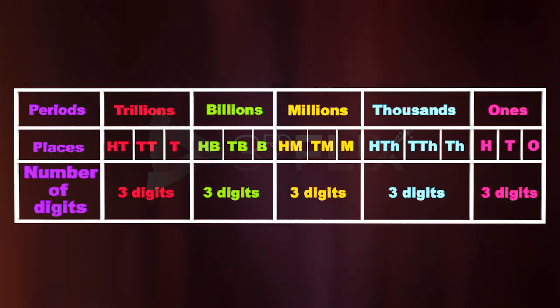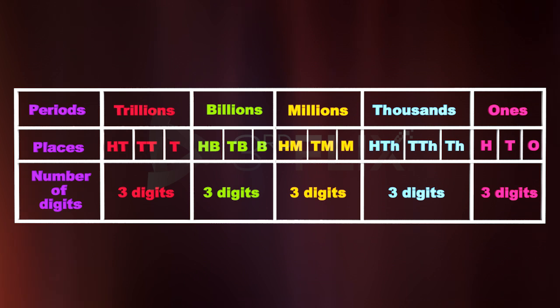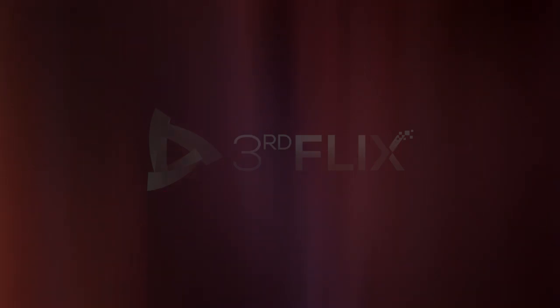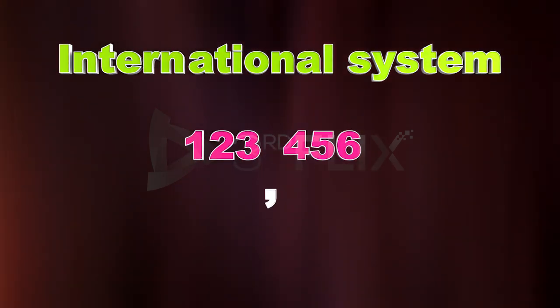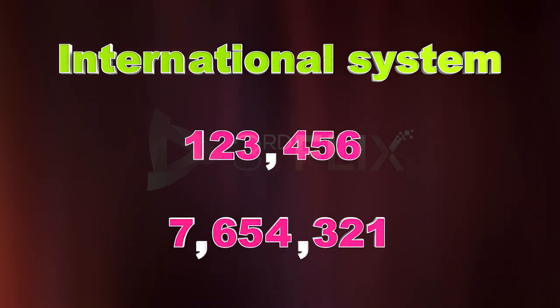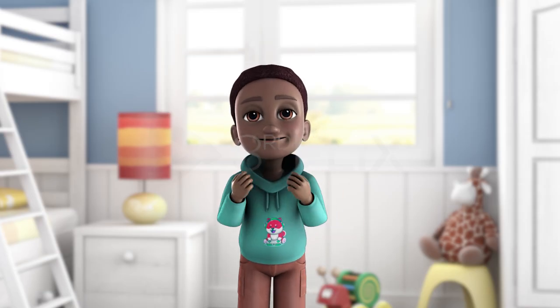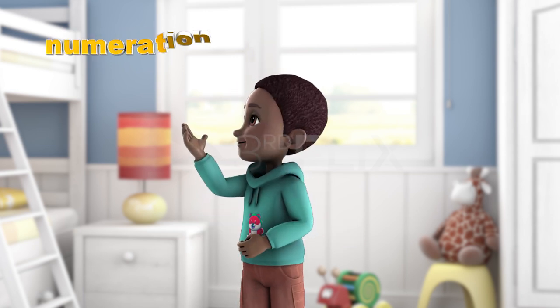Number of digits: 3 digits, 3 digits. Note, in the international system, a 6-digit number has 1 comma and a 7-digit number has 2 commas. The method of expressing a number in words is called numeration.